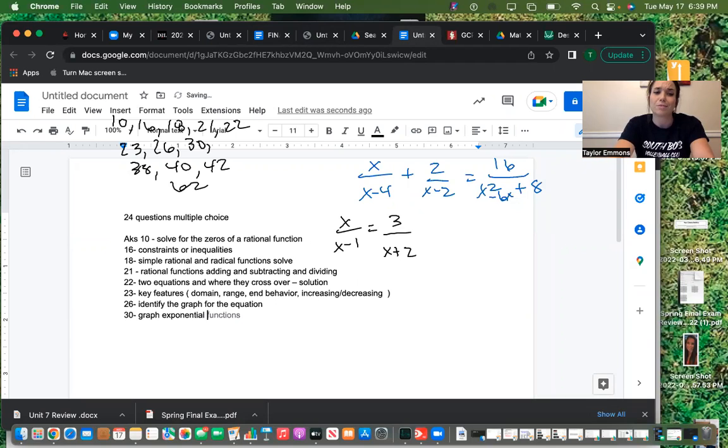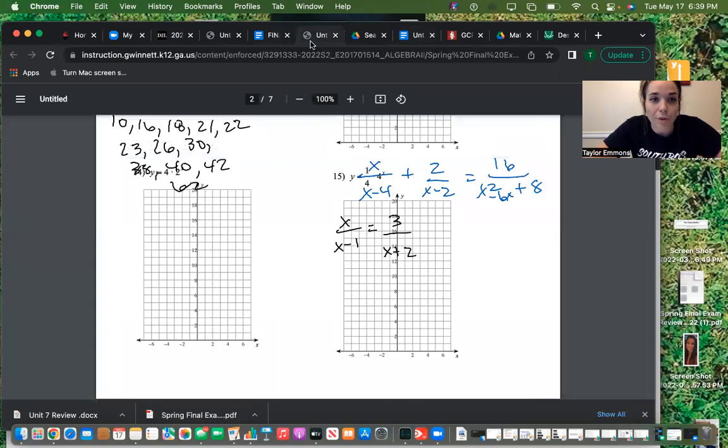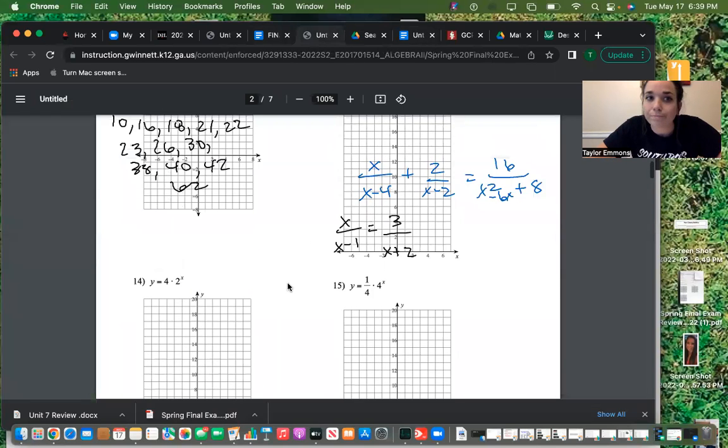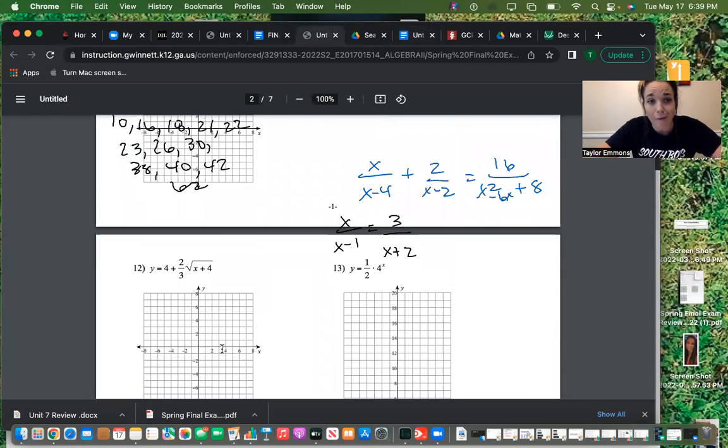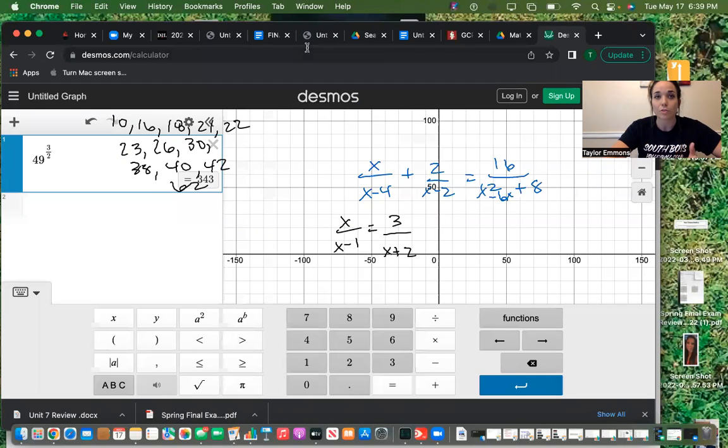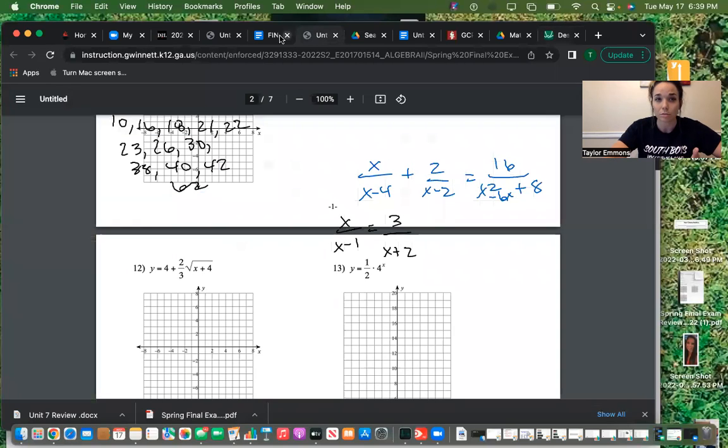So this is going to be like what's on your final exam review. And they would have 4 different equations or 4 different graphs that you can pick from, and you pick the right one. Again, you're going to have access to Desmos, so you should be okay.